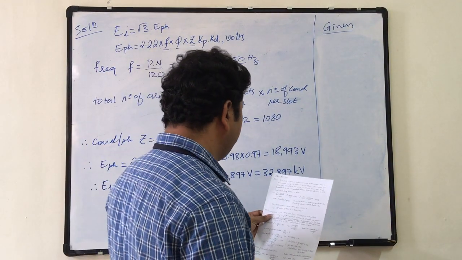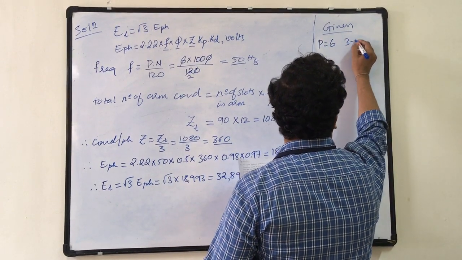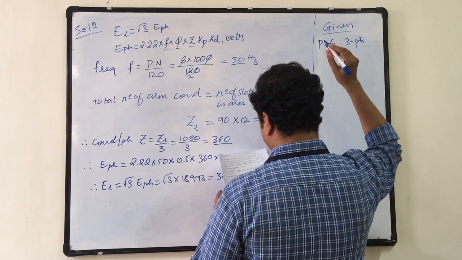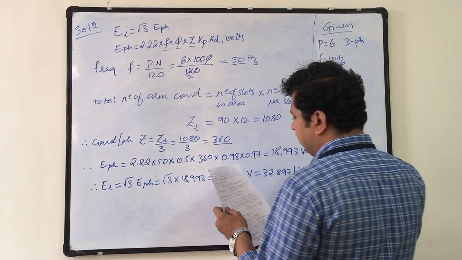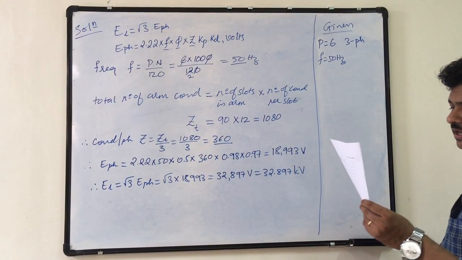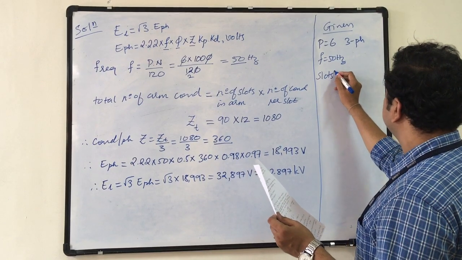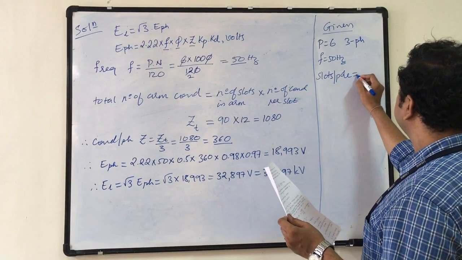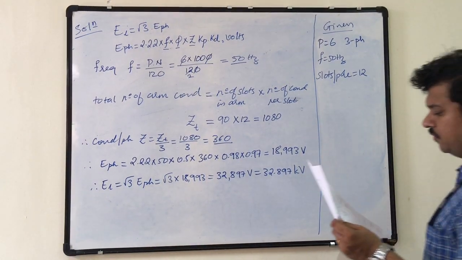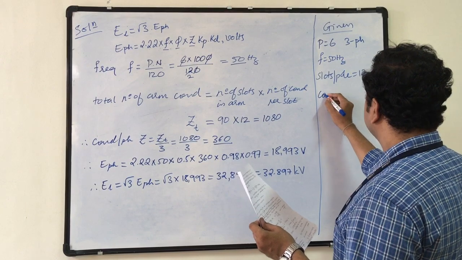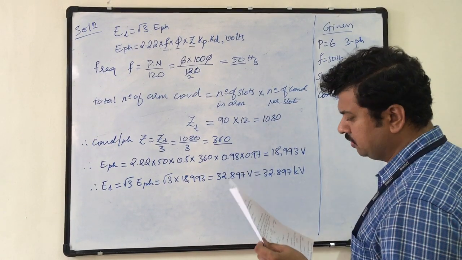So the given things are a 6-pole 3-phase 50 Hz. So the frequency is directly mentioned here. I need not find it now. 50 Hz alternator has 12 slots per pole. Slots per pole is equals to 12. And 4 conductors per slot. Conductors per slot is equal to 4.